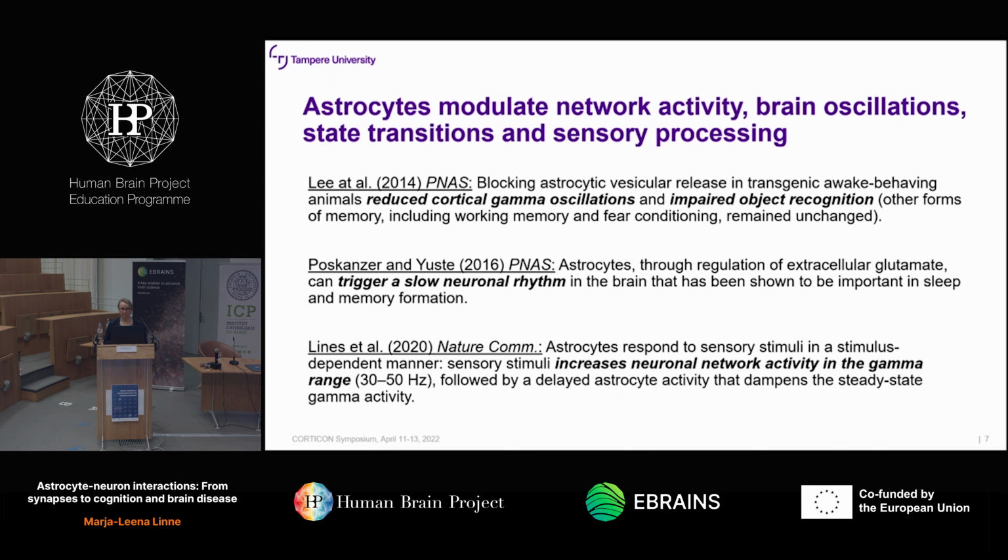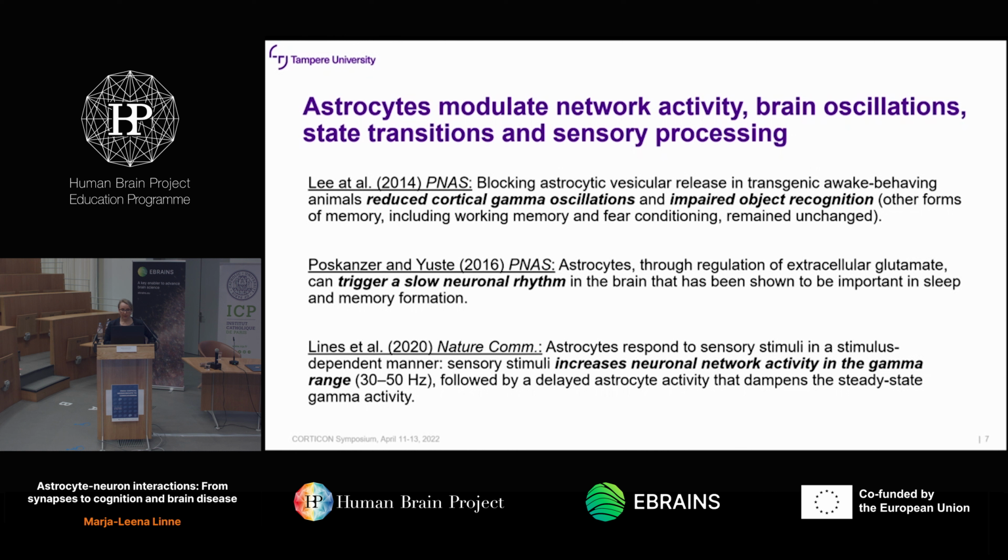Showed already in 2014 that blocking astrocytic vesicular release in transgenic, awake-behaving animals reduced cortical gamma oscillations and impaired object recognition. But other forms of memory, like working memory and fear conditioning, remained unchanged.